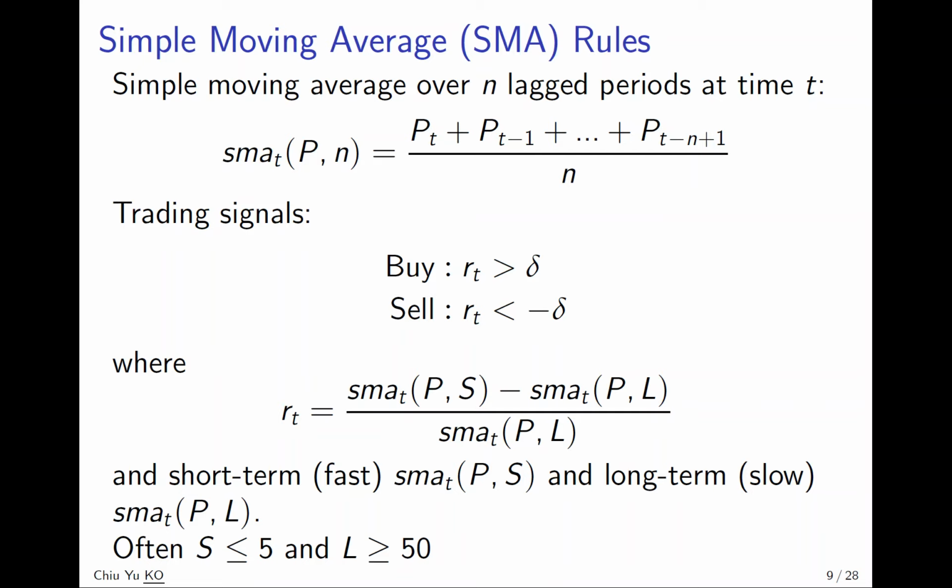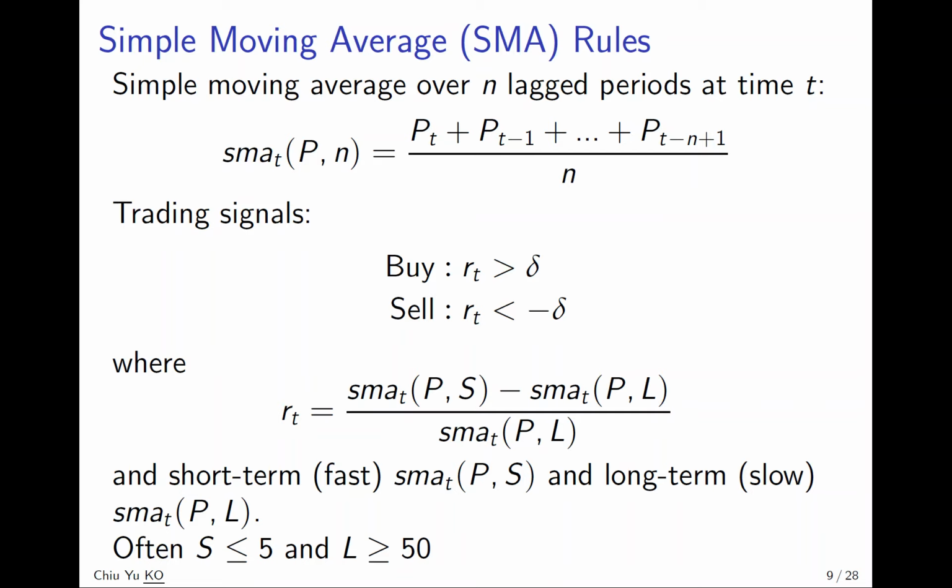Based on this moving average, you do something similar to the simple filter rule. You calculate the rate of change based on the moving average. The exact formula is r_t, the rate of change or the indicator, using the short run moving average minus the long run moving average, over the long run.